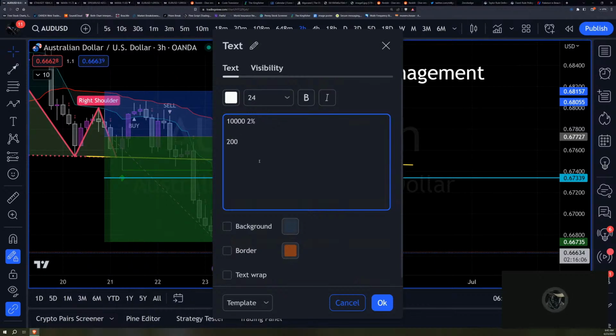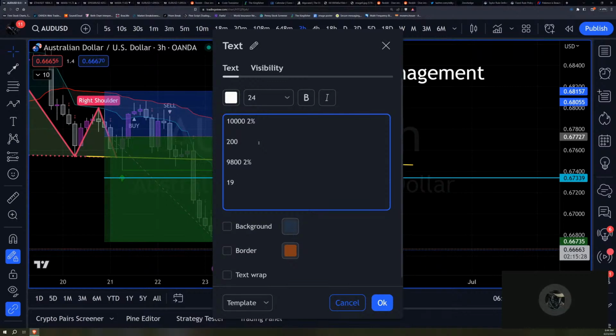Now, if you lose that trade, your account is going to be $9,800. Then the next trade is going to be 2% of that, which is like $198 or something, right? Let me get my calculator out because I don't feel like doing a lot of math in my head today. 9,800 times 0.02 is $196.